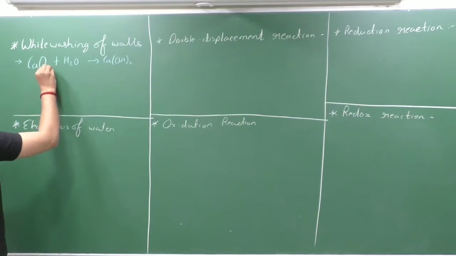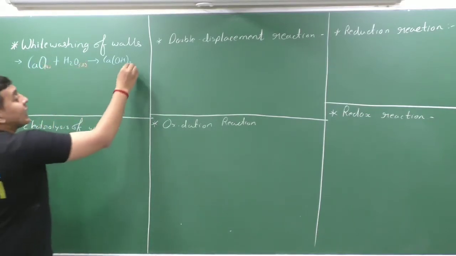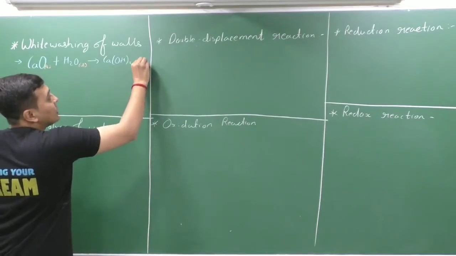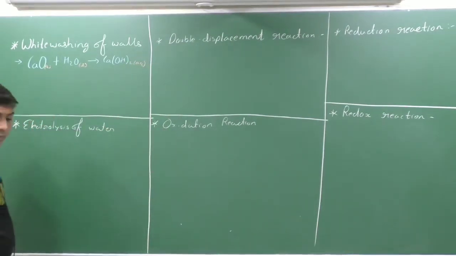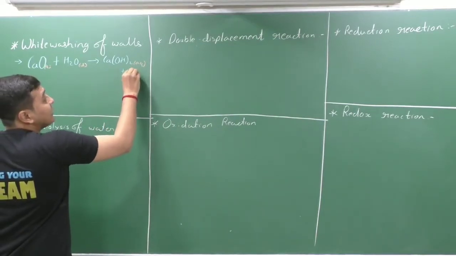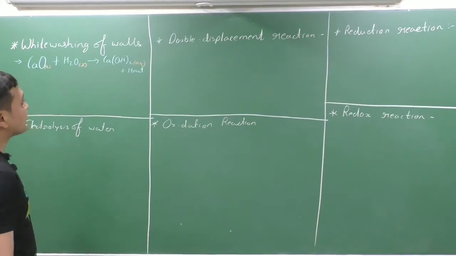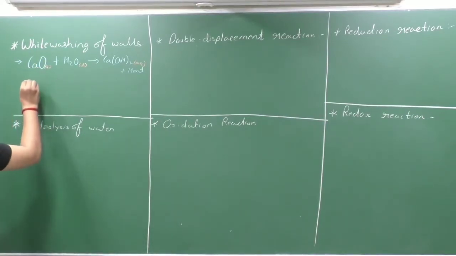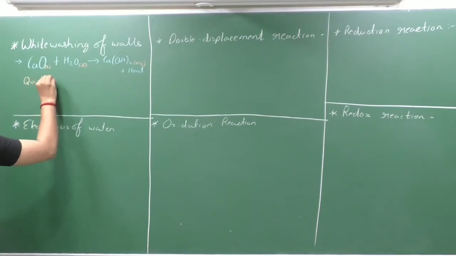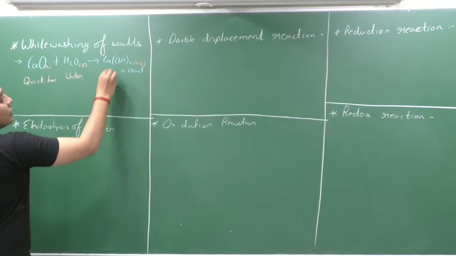Here calcium oxide is solid in state, water will obviously be liquid in state, and calcium hydroxide is aqueous in state. The another thing here is plus the release of heat. Heat is released. Now the name of CaO, that is quicklime. H2O means water.